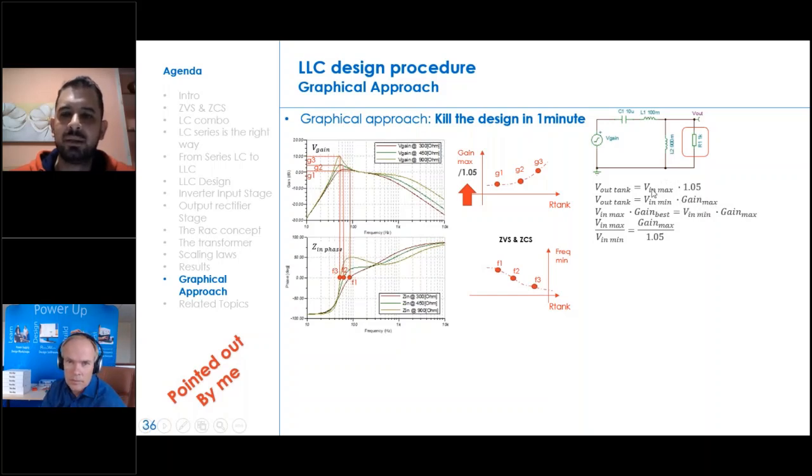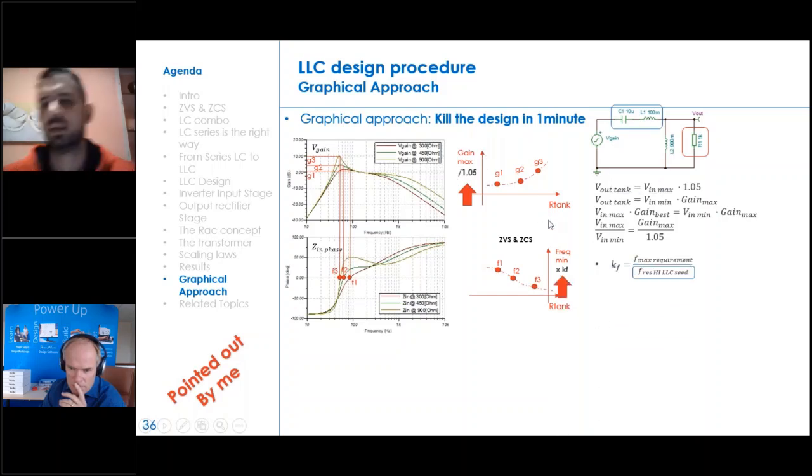If we equate these two equations, I get that the input voltage ratio is equal to the ratio between gains, the maximum gain over the minimum gain. So if I take the initial plot and scale it by 1/0.5, my best gain entry point, I can think that this epsilon axis is equivalent to the input voltage ratio, because I have the gain max over a constant value that doesn't change. So here I get the input voltage ratio.